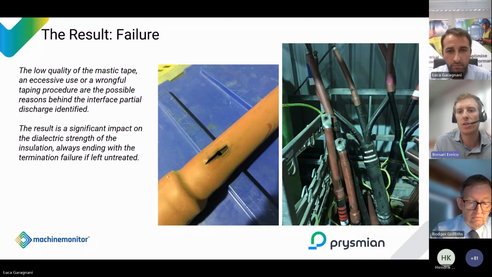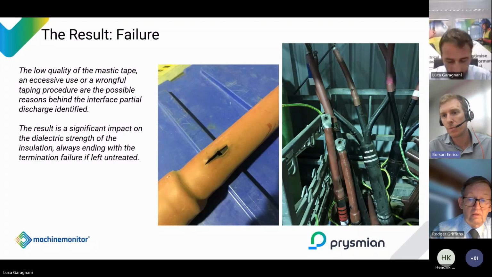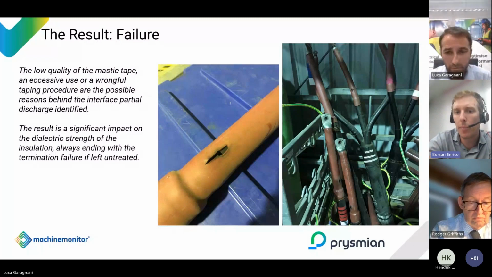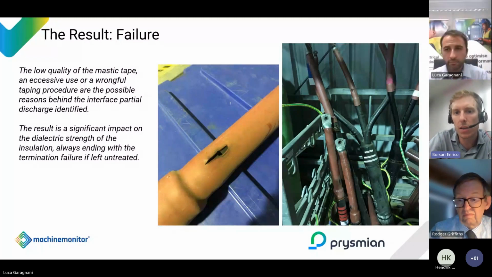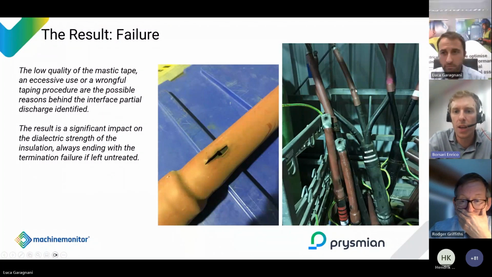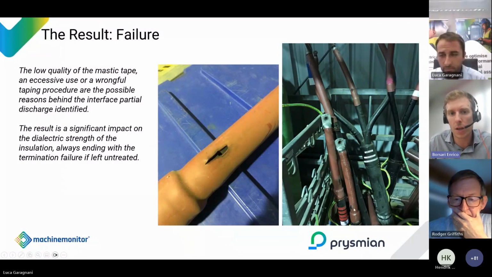In general, partial discharge will never go back to make our termination healthy. It will only degrade it. So as you can see, we have in these two pictures the same failure happening over and over again on three different sets of terminations. You have the orange one to the left, and you have the red failures on the right.